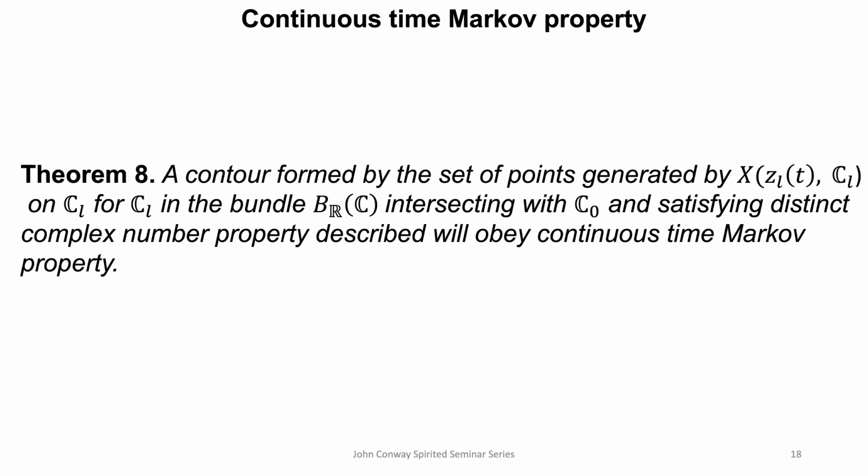So the initial value and the second step make the complex numbers distinct. This entire process obeys the continuous time Markov property: the picking of new random numbers is continuously happening, but it depends only on the previous disk. That's why it is a continuous time Markov process.